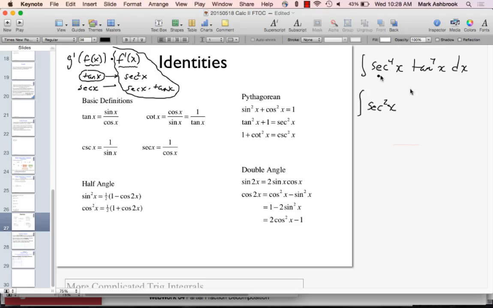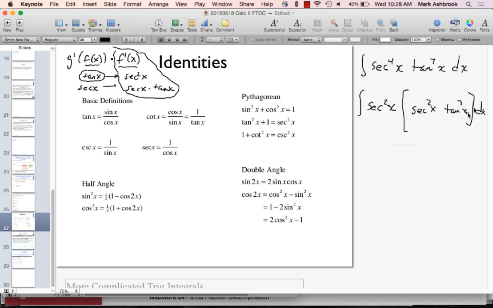So if we pull out secant squared, what's left? Secant squared x, tangent to the 7th x. So again, if in those brackets I can get everything as some expression of just tangents, then it'd be home free, because I've got the derivative of tangent right here, secant squared, for undoing the chain rule. You following? So can I do that?